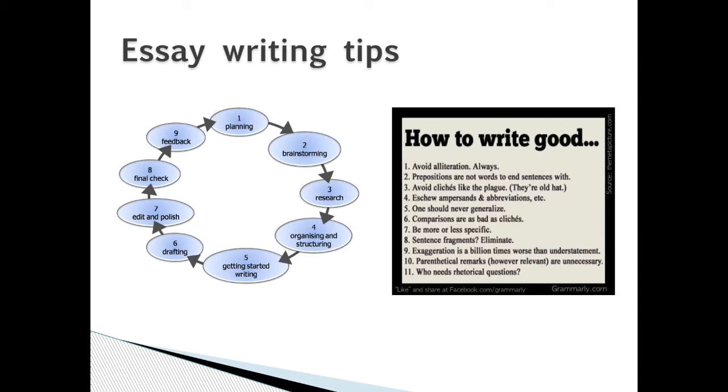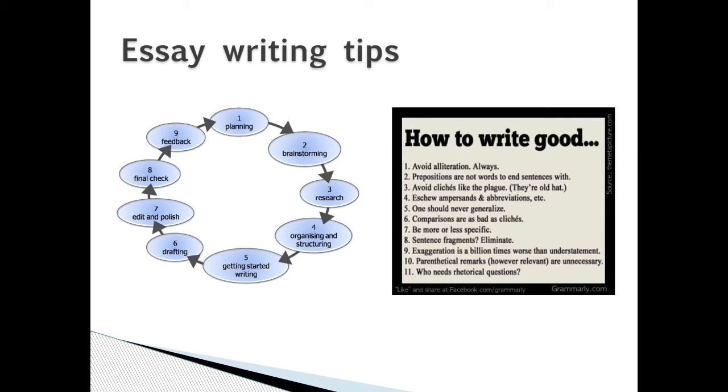To ensure that your essay is good, 1. Avoid alliteration, always. 2. Prepositions are not words to end sentences with. 3. Avoid cliches like the plague, they are old hat. 4. Unscrew ampersands and abbreviations, etc. Number 5. One should never generalize. 6.